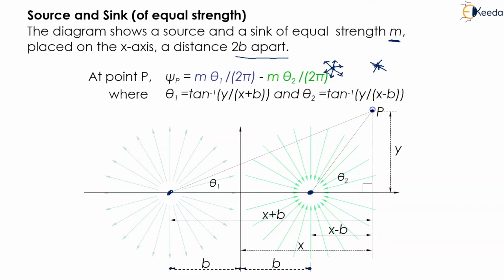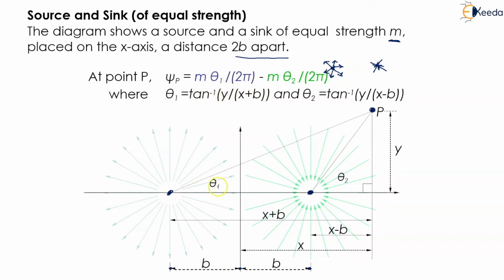Now at point P, psi is equal to m theta 1 upon 2 pi minus m theta 2 upon 2 pi, where theta 1 is equal to tan inverse of y upon x plus b.